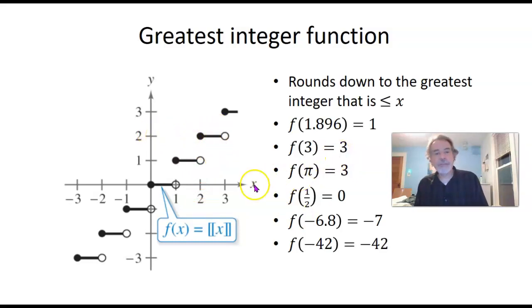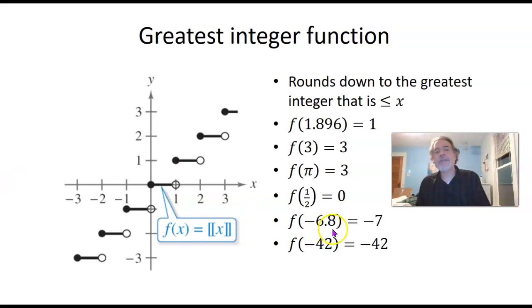F of 3 is 3. F of pi, remember pi is that number that's approximately 3.14, but it's a little bit bigger than 3, so the greatest integer function would just round it down to 3. F of 1/2, well, if you start at 1/2 and go down until you hit an integer, the integer you hit is 0.